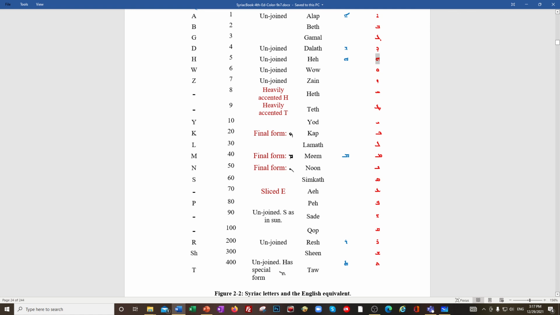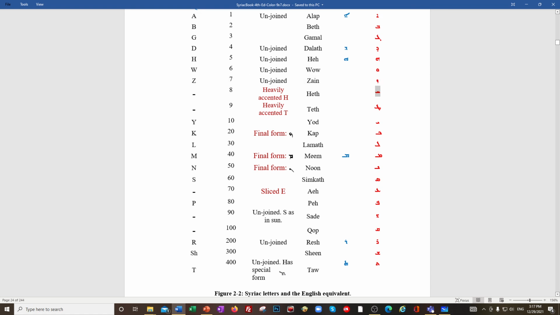He, unjoined letter, numeric value 5, H in English. Waw, unjoined letter, numeric value 6, W in English. Zain, unjoined letter, 7, Z.